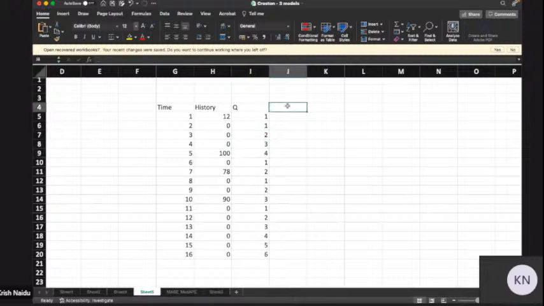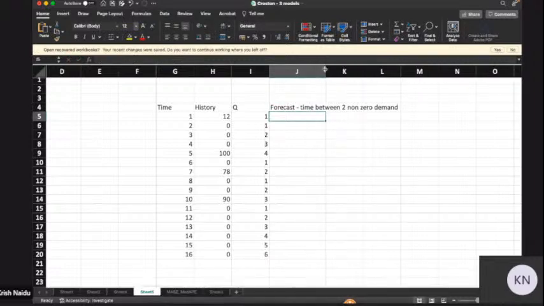Right? So now I have to forecast the time between two non-zero demands. This is what I have to do first, the forecasting. The forecasting is the time between two non-zero demands. What is the first?